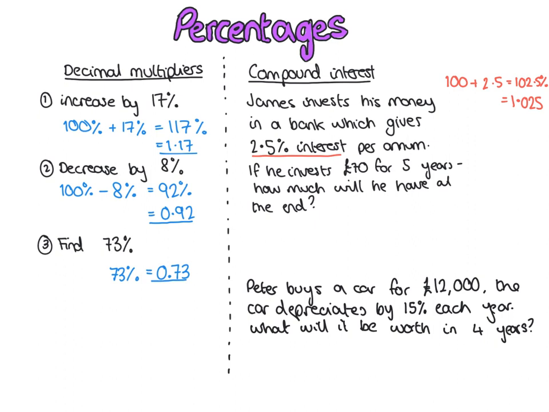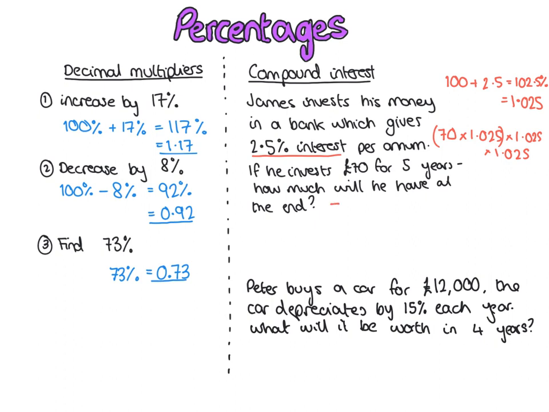We then want to increase 70 by 1.025, and that would be the first year, and then the second year, and then the third year, etc. And we do that 5 times, for each of the 5 years.